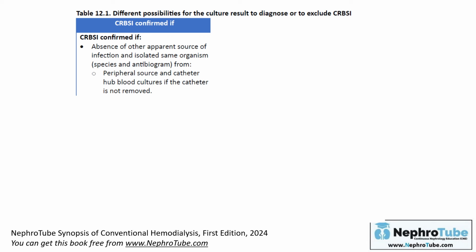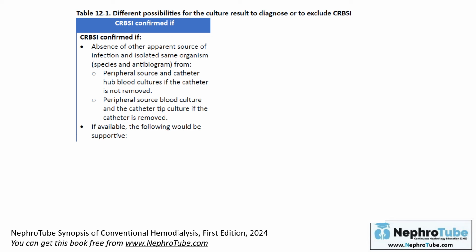You have to find the same organism from the culture of the peripheral source and the catheter hub blood culture if the catheter is not removed, and the same organism in the peripheral source blood culture and the catheter tip culture if the catheter is removed.